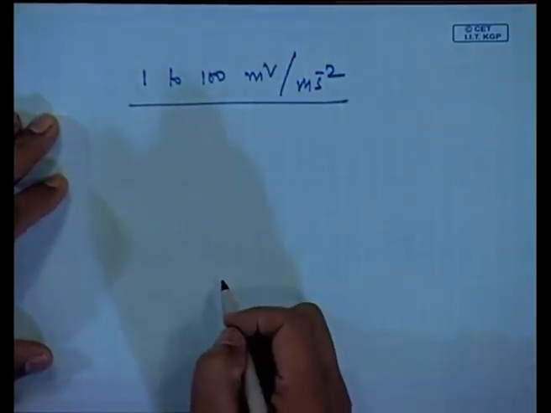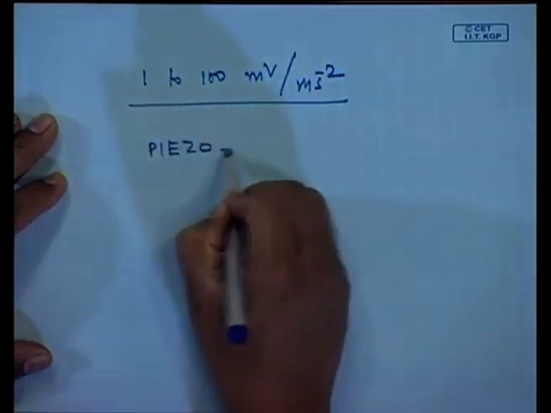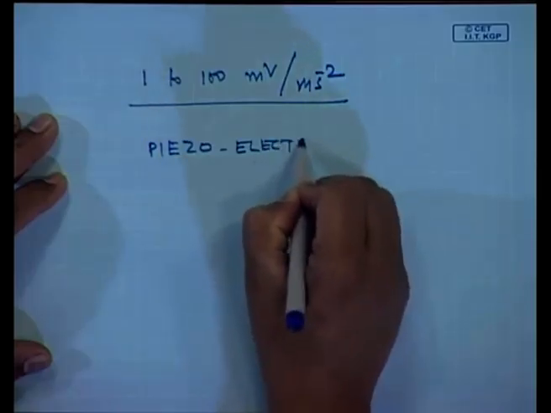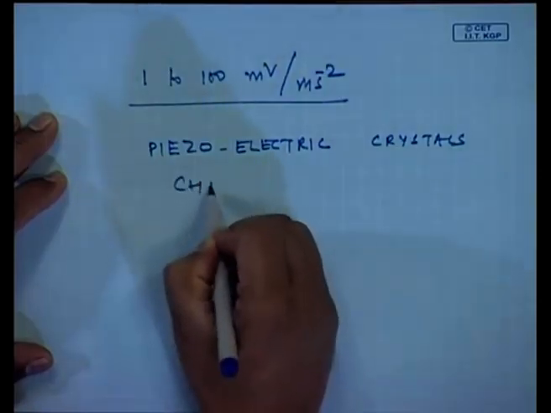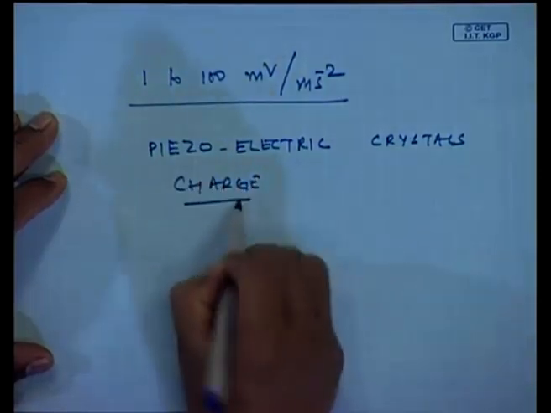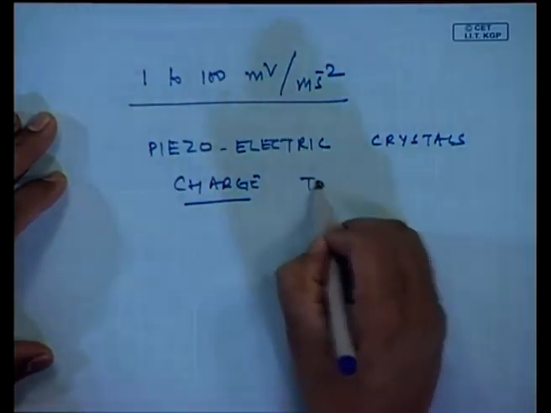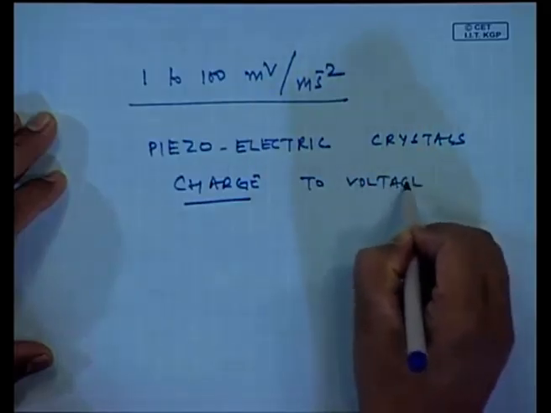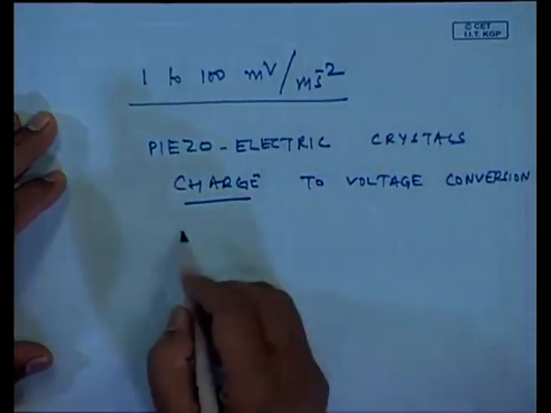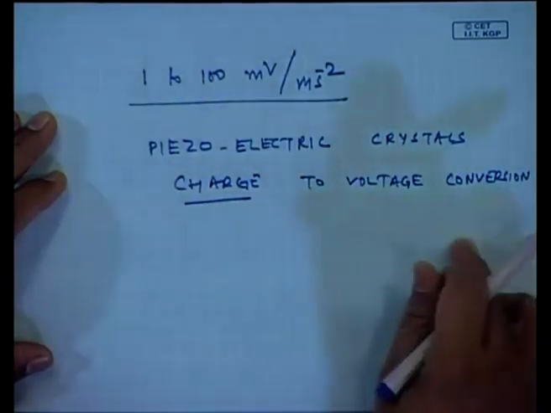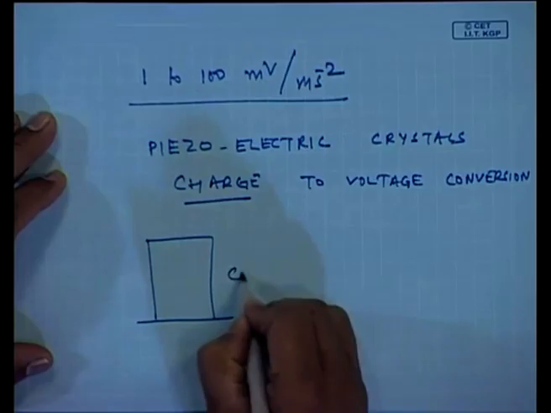Now, question is, the piezoelectric crystals produce a charge. So, I cannot store charge for a long time because they will discharge and decay with time. So, a charge to voltage conversion needs to be done, and once I have the voltage, I can send it through the signal. So, some accelerometers which we just discussed, they are the charge type.